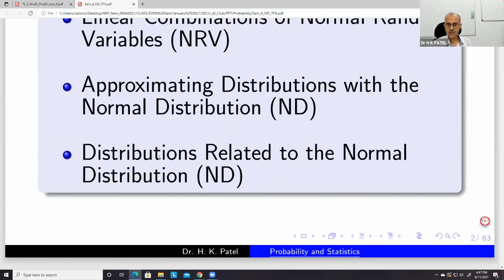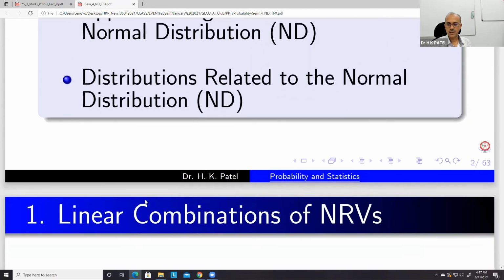The last topic is distributions related to the normal distribution. Here we will see the chi distribution, the T distribution, the F distribution, and other things.